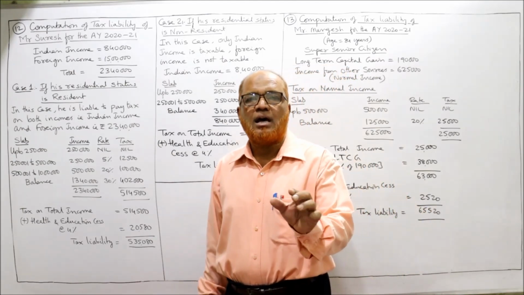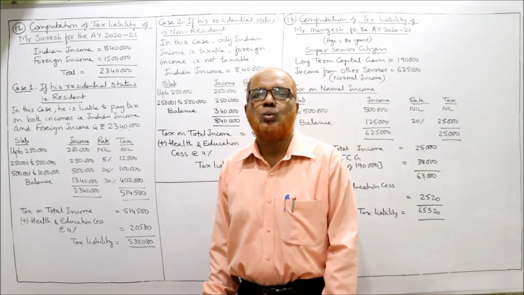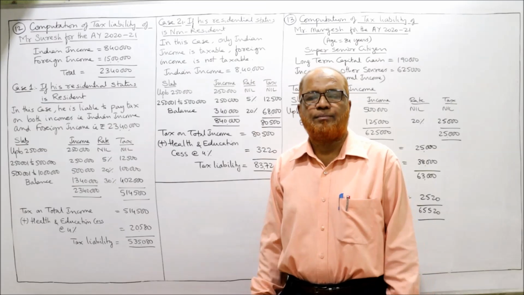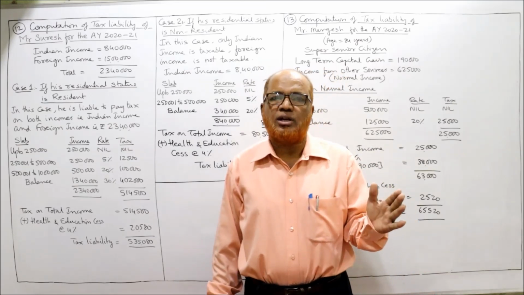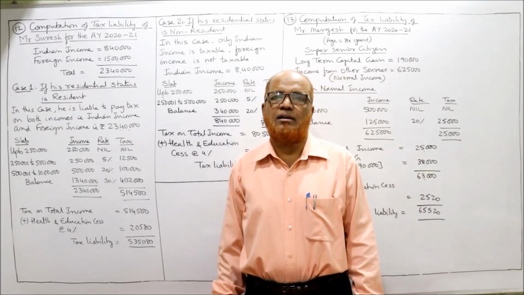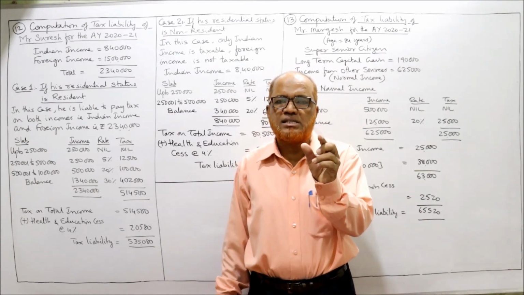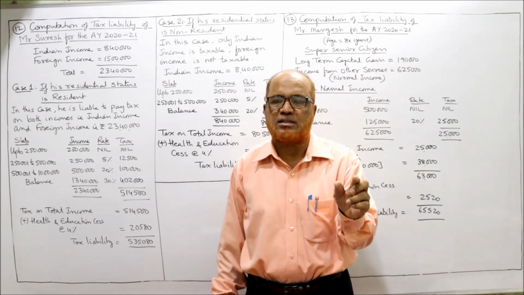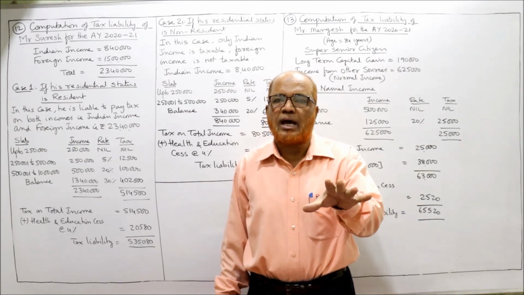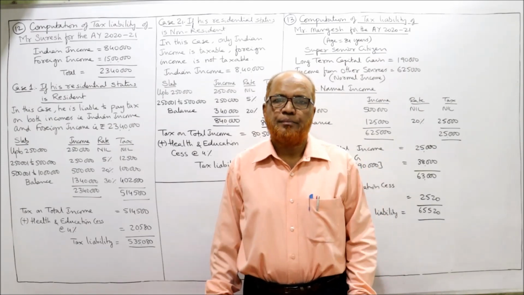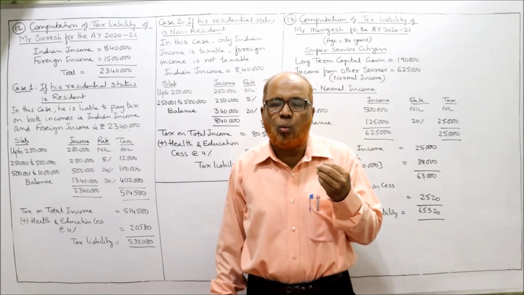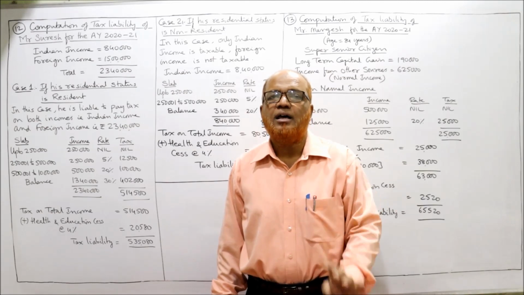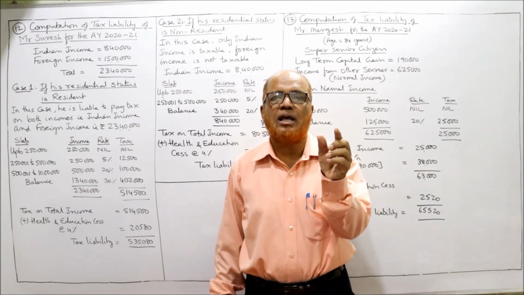Now we have to find out the tax liability under two different situations. The first case is if his residential status is resident. In the theory session, I explained in detail that if a person's residential status is ordinarily resident, then he is put to tax on his global income. That means wherever throughout the world he earns the income, he has to pay the tax in India if his status is ordinarily resident.